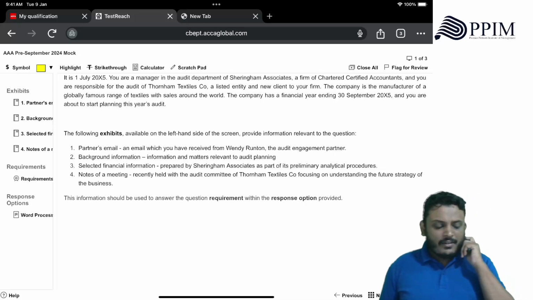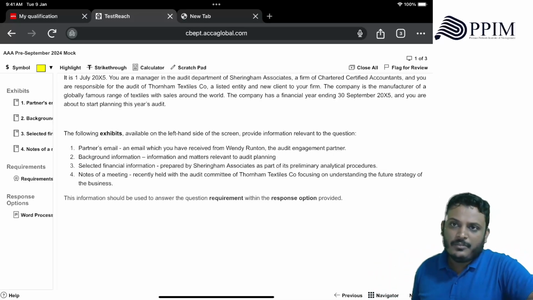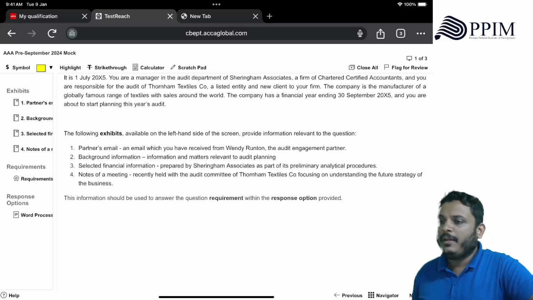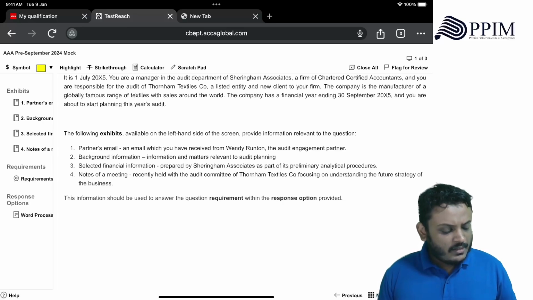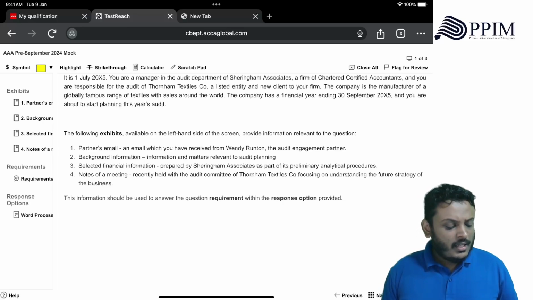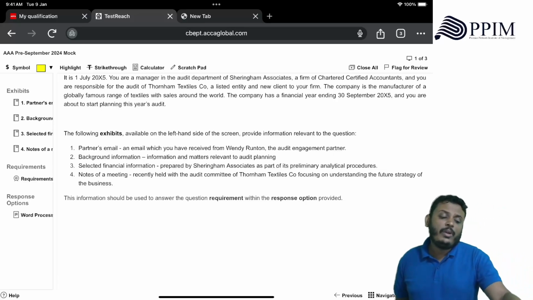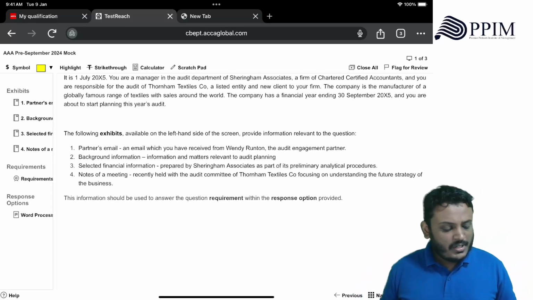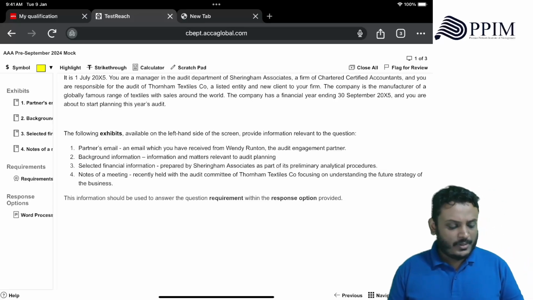See, under corporate governance, if internal auditors are reporting to the audit committee, simply I can say they are more independent. But if they are reporting to executive directors, their level of independence is very low. So we need to concentrate on that as well. That is also important.